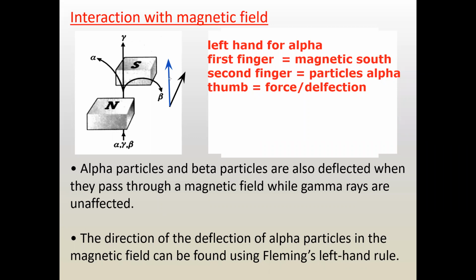Which direction is your thumb pointing automatically? The index finger, the first finger, is pointing into the screen, and your second finger is pointing up, the direction from which the alpha particle is coming. Where is your thumb pointing automatically, towards the right hand side or left hand side, when you apply the left hand rule?